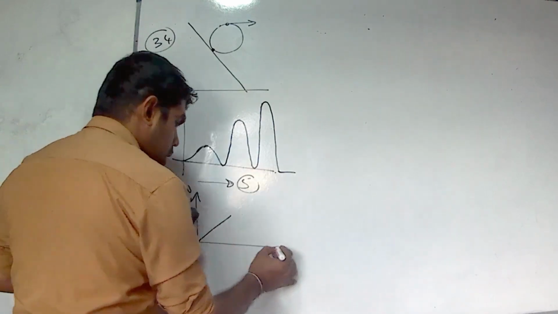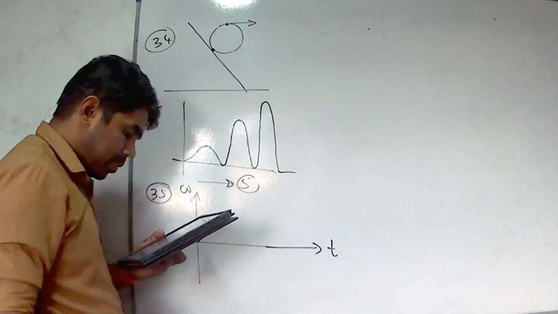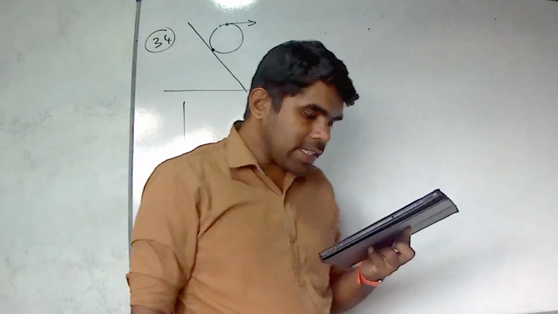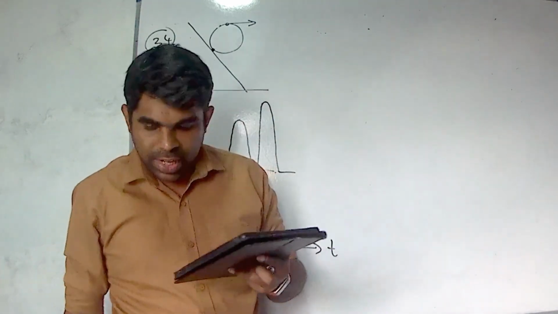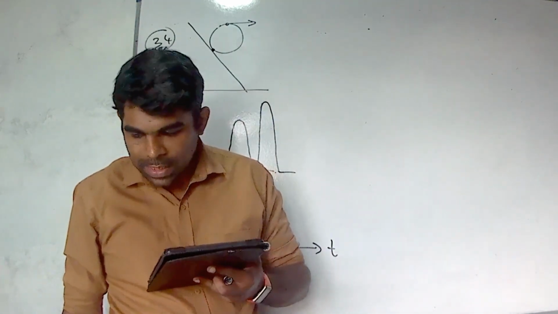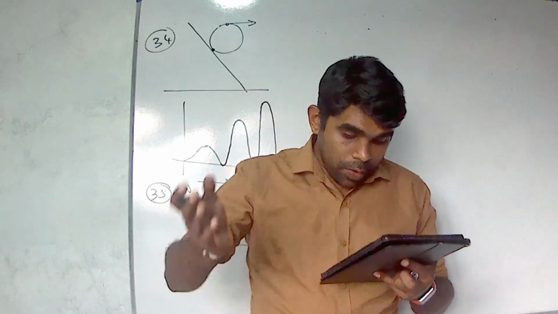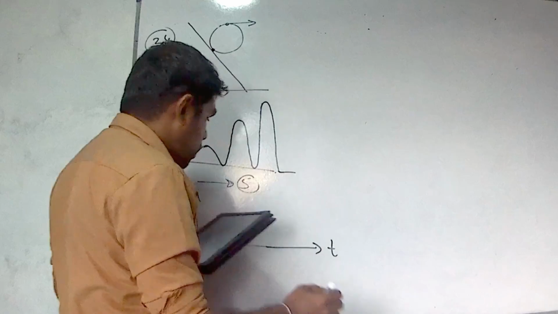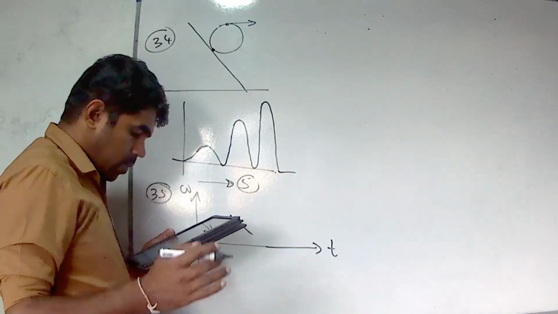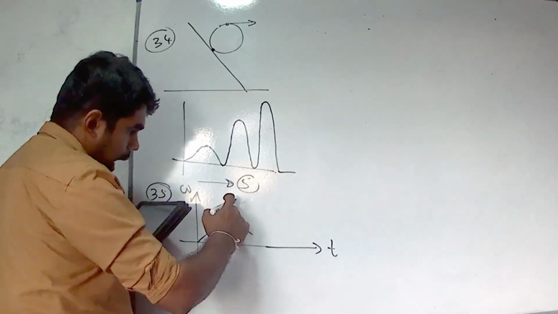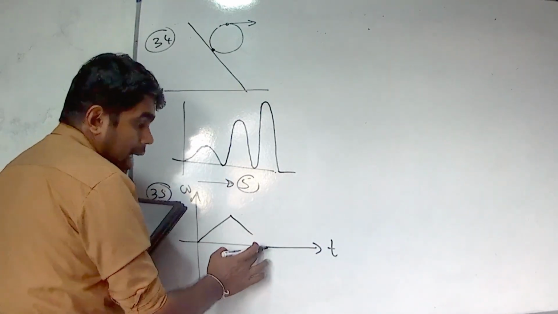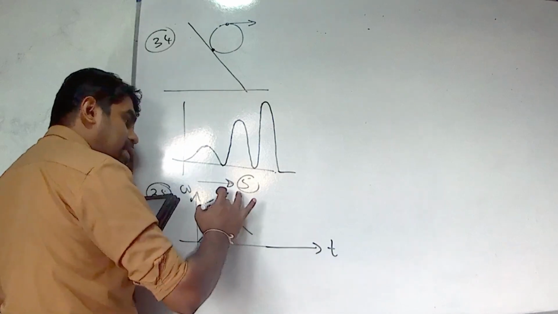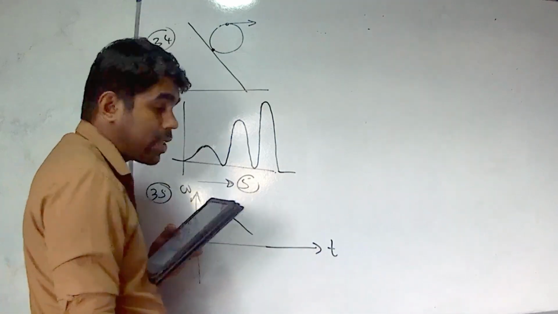Then for the second situation, it has a minus angular acceleration. In the omega t graph, it should be like this. There is a minus gradient. The angle between the plus direction of the x-axis and the graph is an obtuse angle.